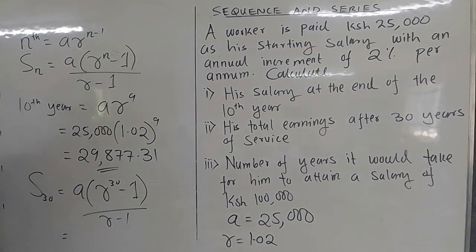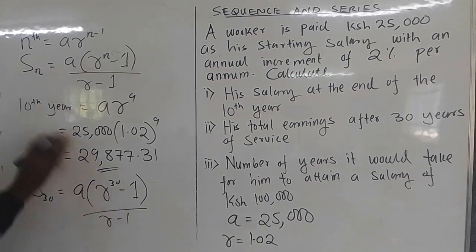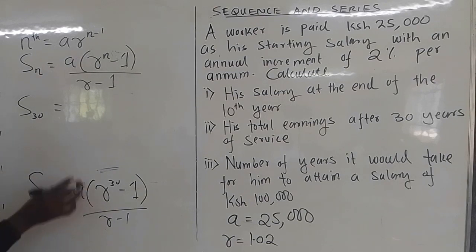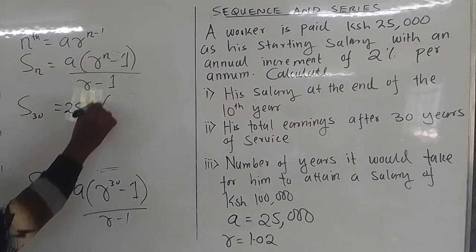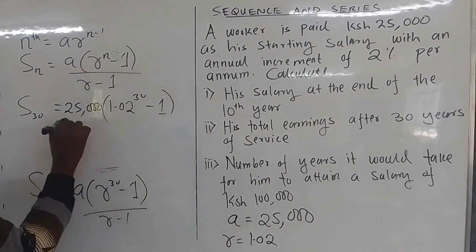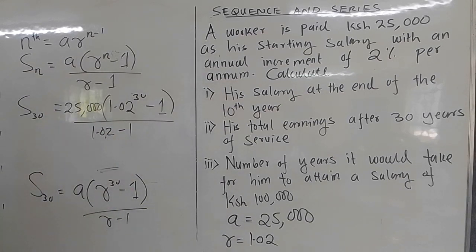A is 25,000, you substitute, into R raised to power 30. So A is 25,000, R is 1.02 raised to power 30, minus 1, over R is 1.02 minus 1.